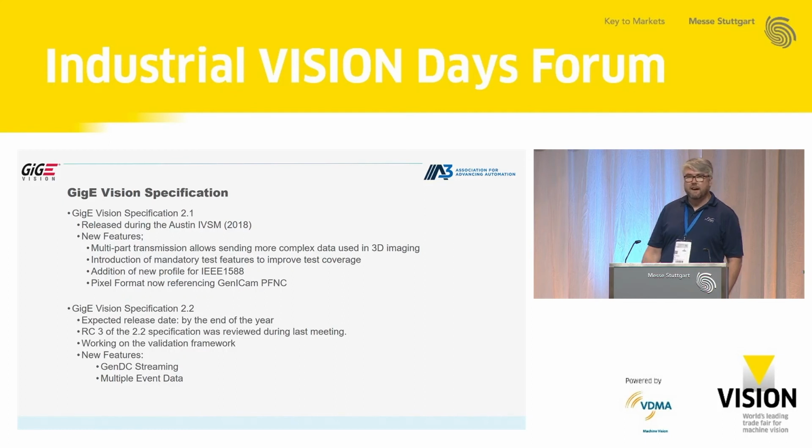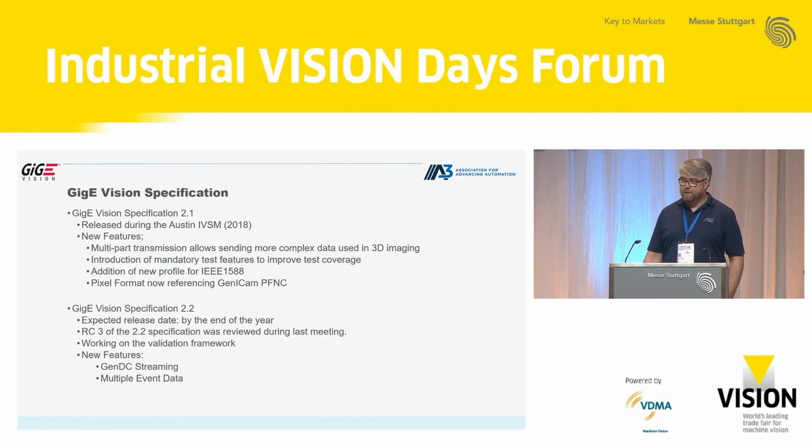So GigE Vision 2.1 is our current released specification. It was released in the fall of 2018, I believe. The main features are multi-part transmission for sending 3D data, the introduction of some test features to help improve interoperability with some aspects of the standard.